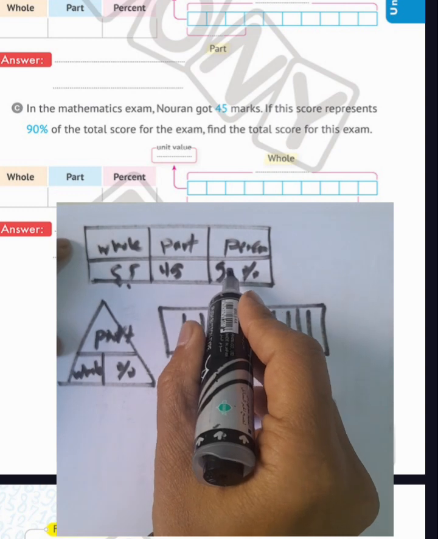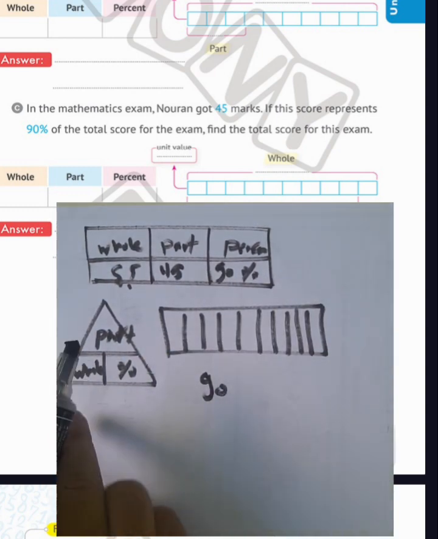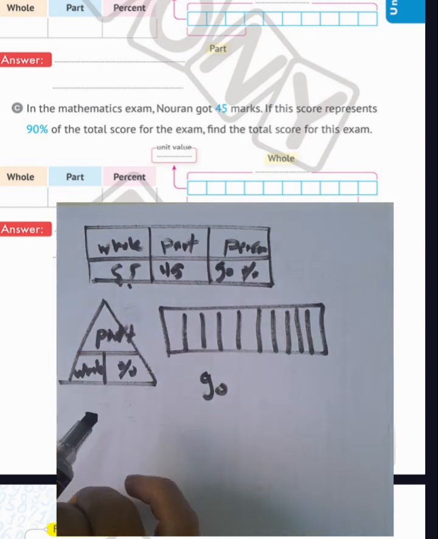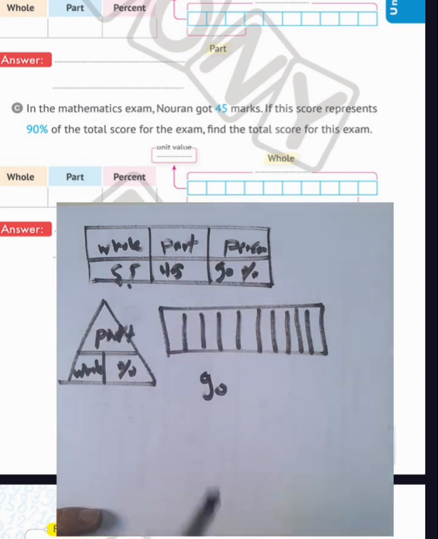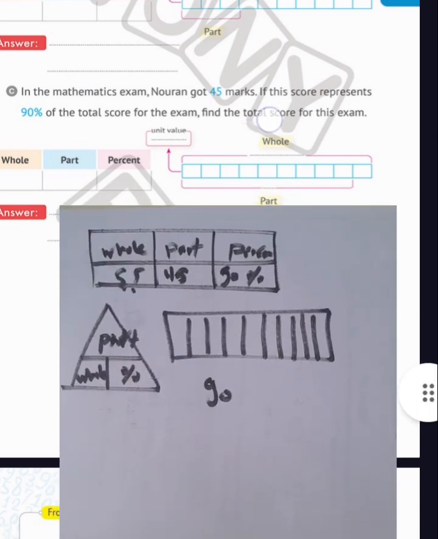We have 90 here, this number is 90%. We must find the number by dividing the part by 90. Okay, and we have 45. We can find the result. 90 divided by 10 equals 9.